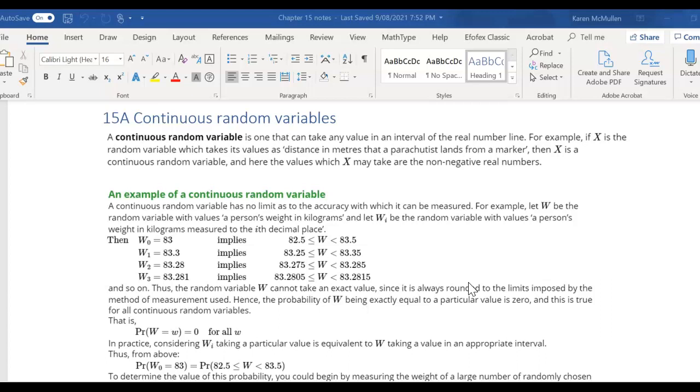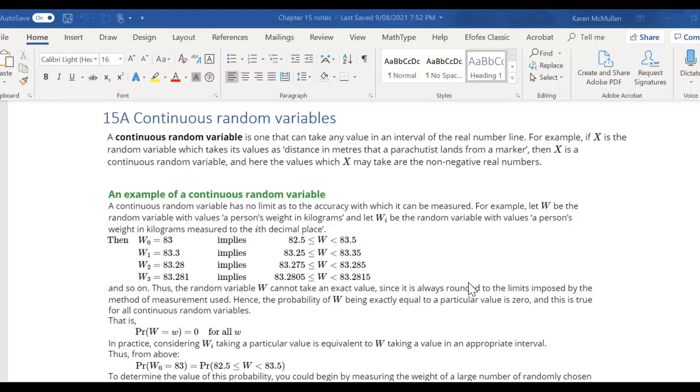So with continuous random variables, we look at variables that can take on any value within a number line. I should just read what it says on the screen. It can be between, say, 1 and 10, and it can take any value.